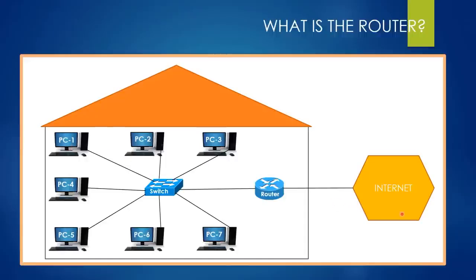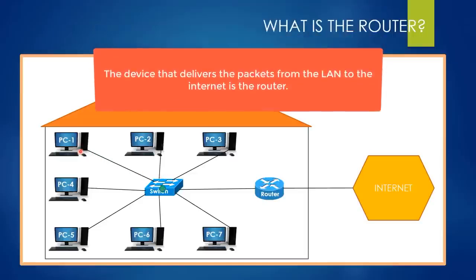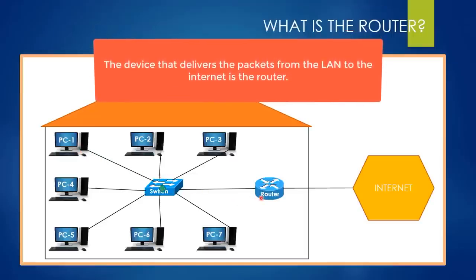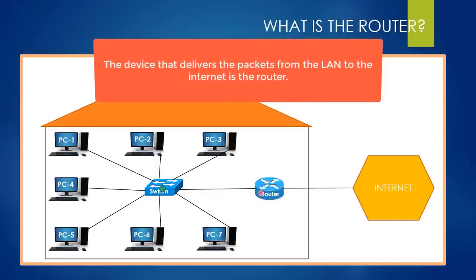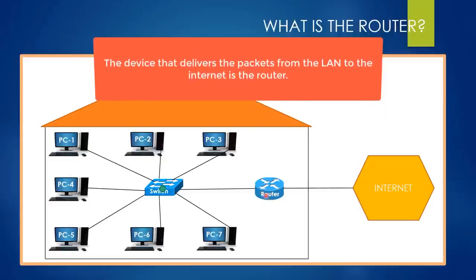To be able to do this, first, PC1 must send its packet to the switch just like before, because there is no other way for PC1 to be able to reach the router, right? I mean, if PC1 wants to send a packet to the internet, this packet must reach the router no matter what, because the router is a door to access the internet.